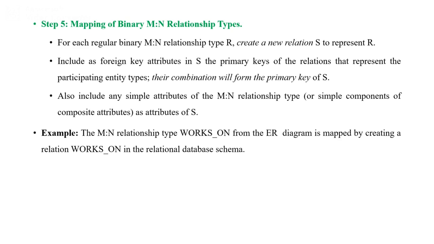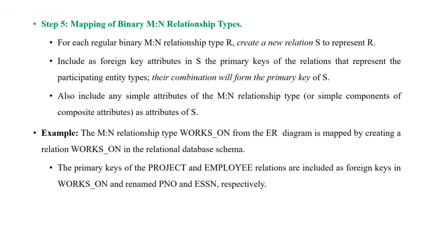From the entity relationship diagram, it is mapped by creating a relation, works on, in the relational database schema. This schema includes the key attributes, project number as well as ESSN. This is a combination of the two entity types' primary key attributes combined together to make the key of the relationship type, that is works on.